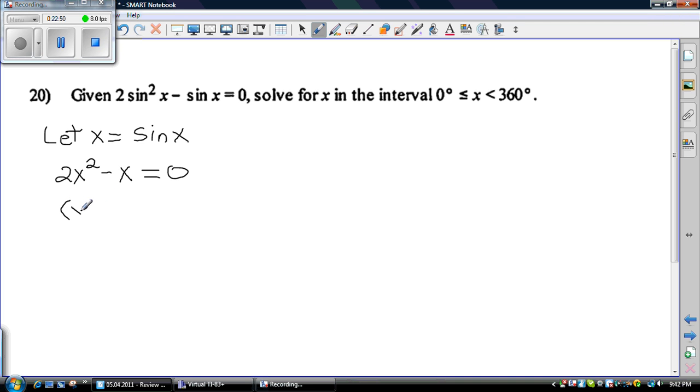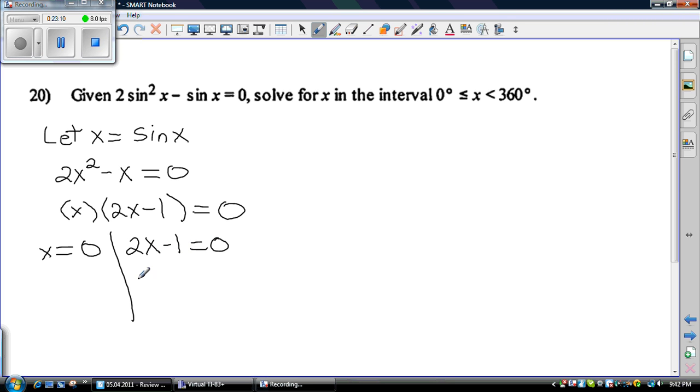And so we're going to factor out an x. We're going to get x times 2x minus 1 equals 0. Set it equal, so x equals 0, or 2x minus 1 equals 0.